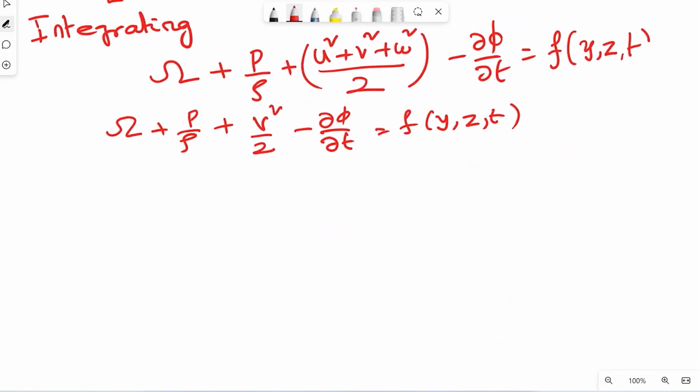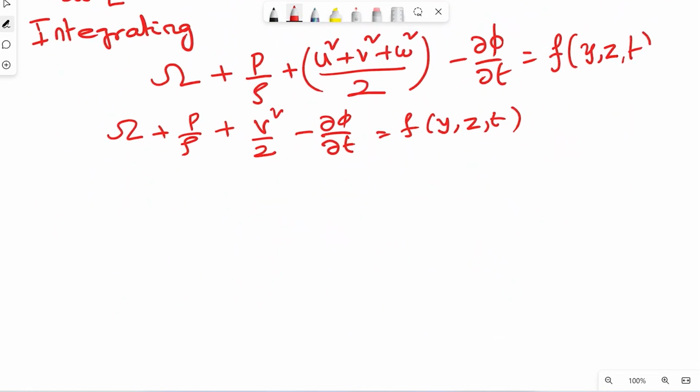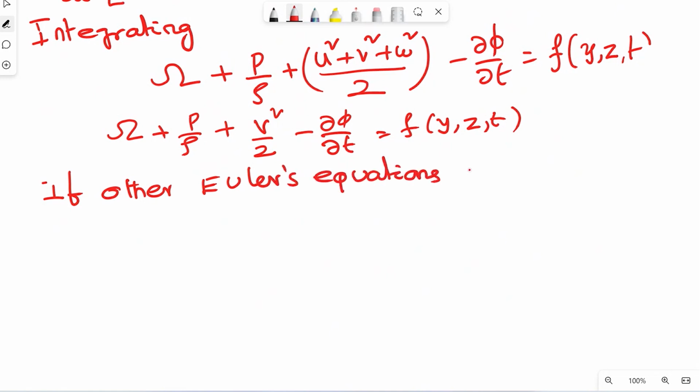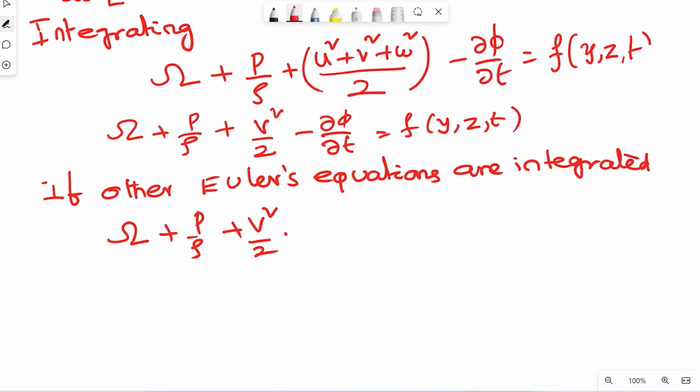Similarly, if the other Euler's equations are integrated, we get the same equation: p/ρ plus V²/2 minus ∂φ/∂t. But the only thing is, this one is a function of x, y, t that you will get.